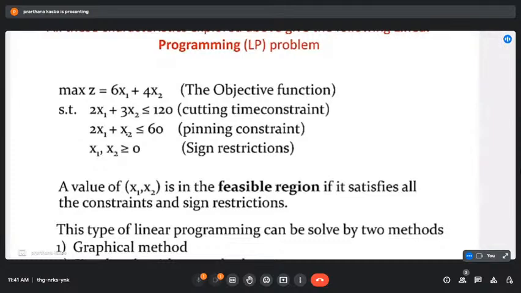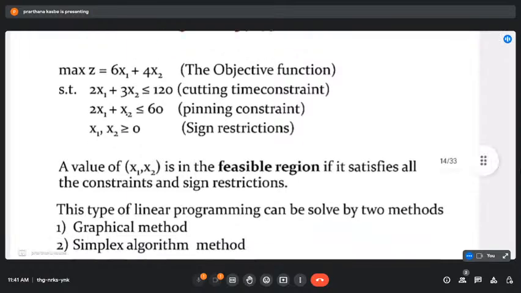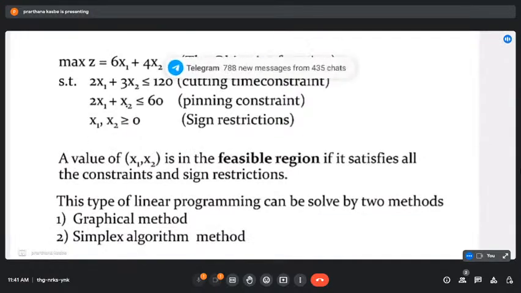So we got these types of values from the above example. Values of x1, x2, that is the goods, are in the feasible region if they satisfy all the constraints and sign restrictions. This type of linear programming can be solved by 2 methods, that is the graphical method and the simplex algorithm method.